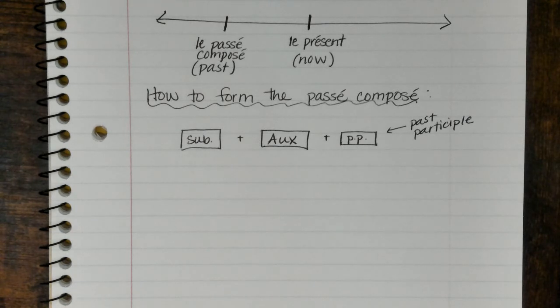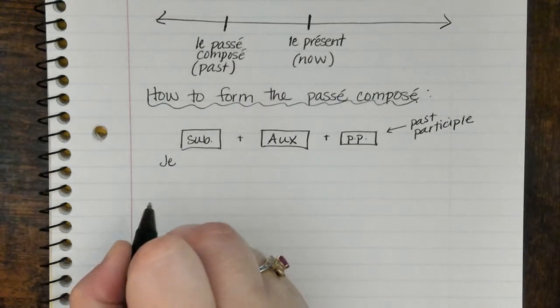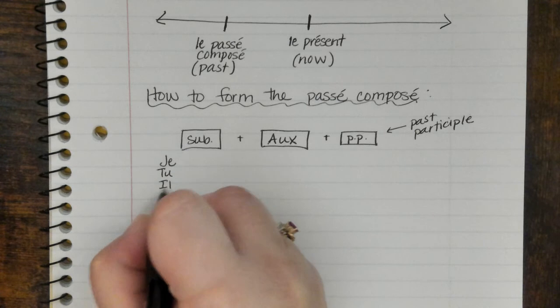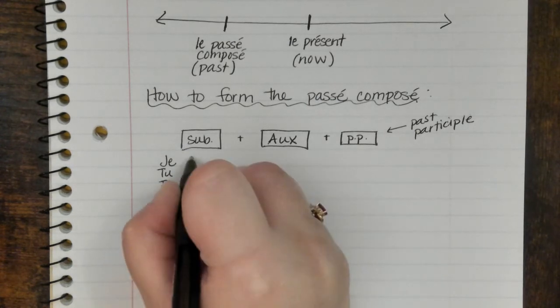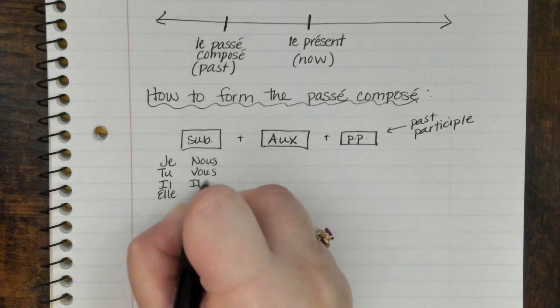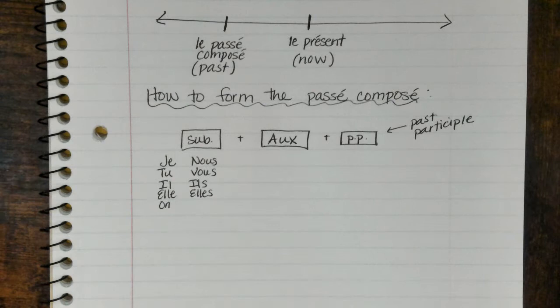So your subject can be any of the subject pronouns, or it doesn't even have to be a pronoun, just anything that can be a subject. So je, tu, il, elle, nous, vous, ils, elles, and let's not forget on.